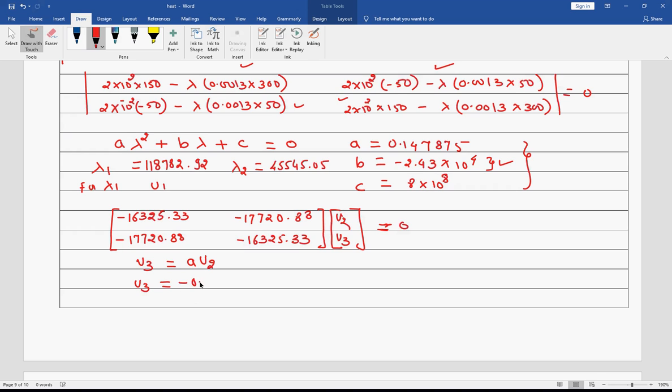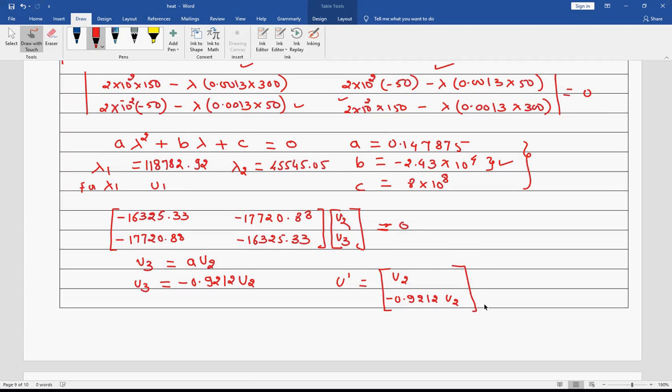Yeah, so minus 0.9212 U2. So I can write my U1 matrix as U2 minus 0.9212 U2.